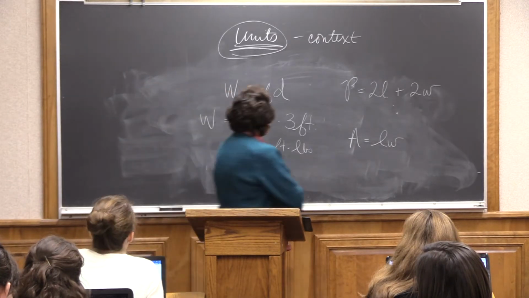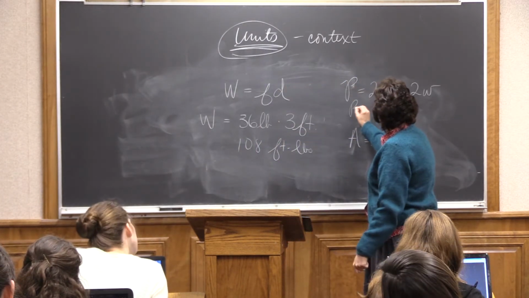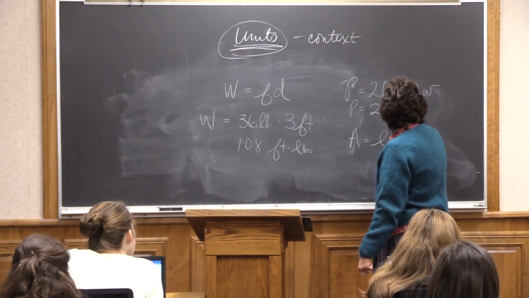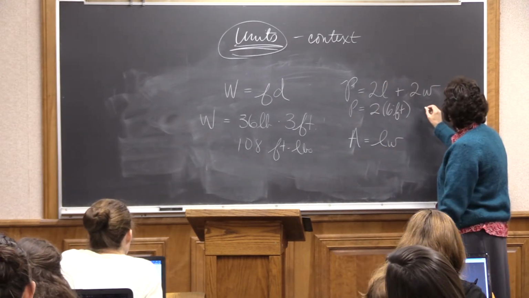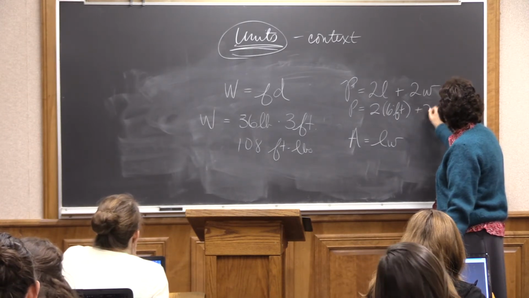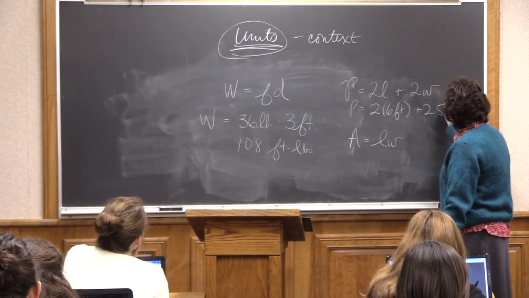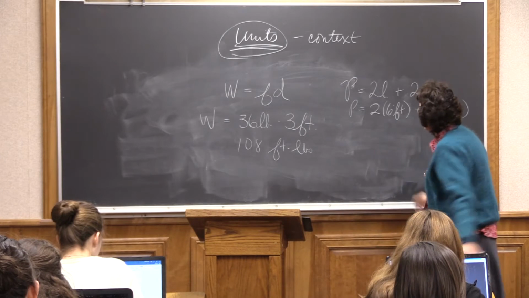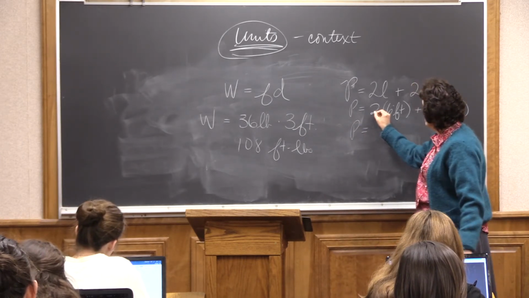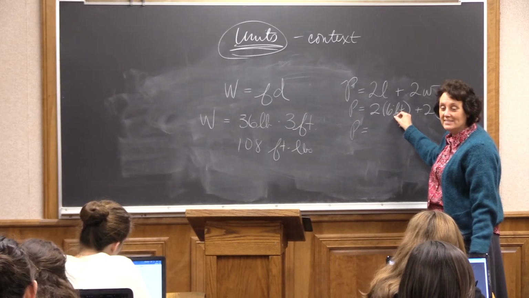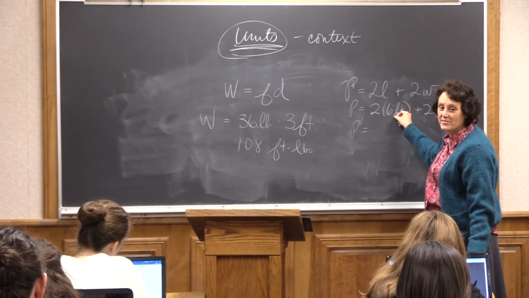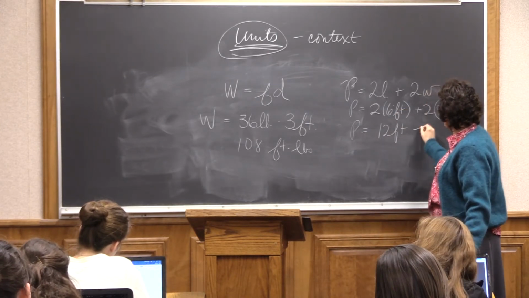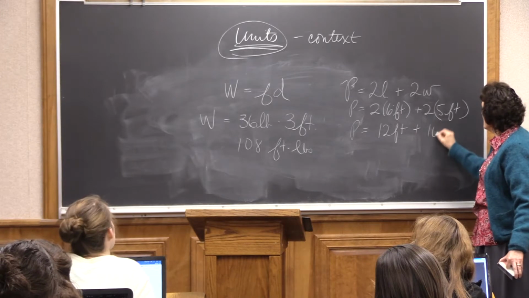Okay, so what do we got here? 2 times, let's say, we've got 6 feet by 5 feet. Units are not an afterthought. They're not a label to slap on the end. The units are done through the problem. 2 times 6 feet is? 12 what? 12 feet. 2 times 5 feet is? 10 feet.